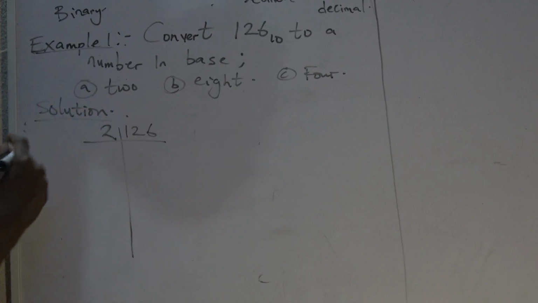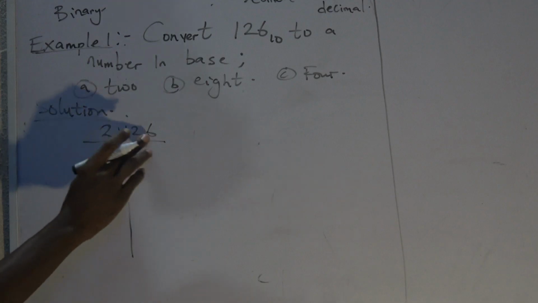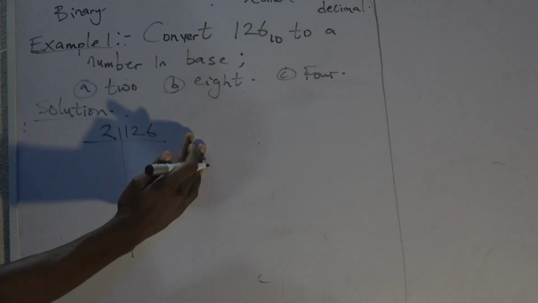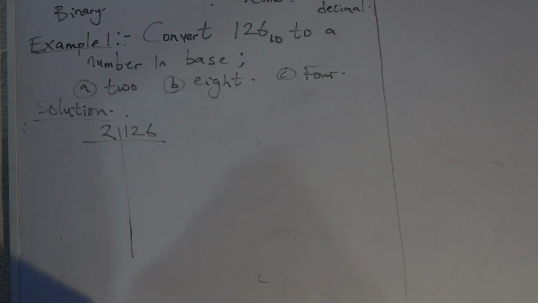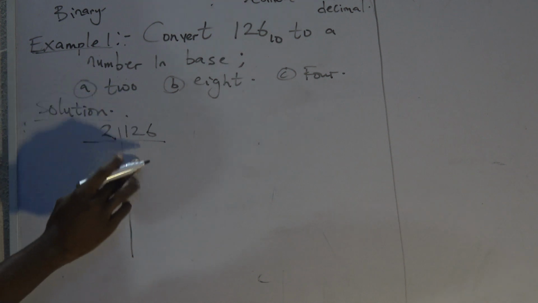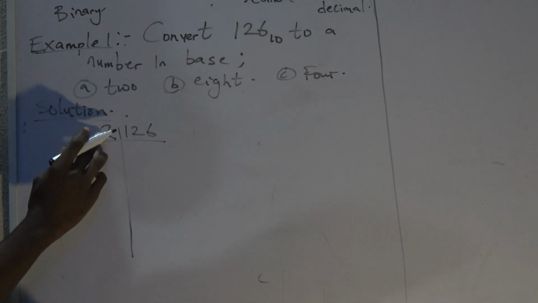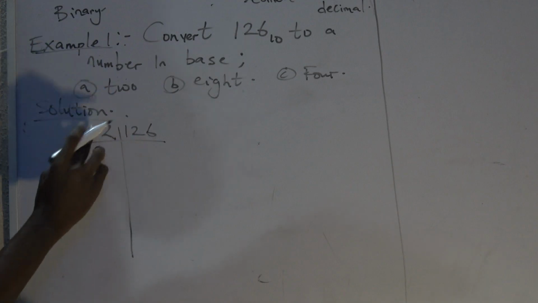Then you start dividing the number, and each time you divide, you write the remainder by the side. For example, let's divide 126 by 2. 12 divided by 2 is 6.